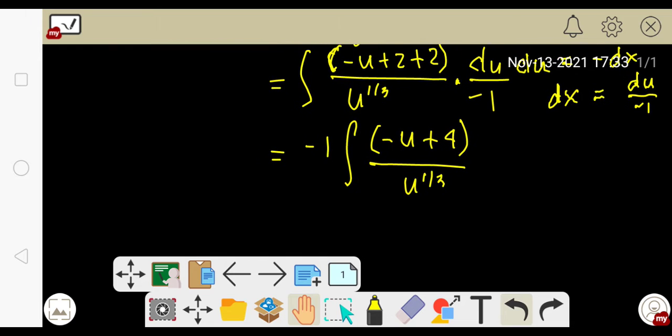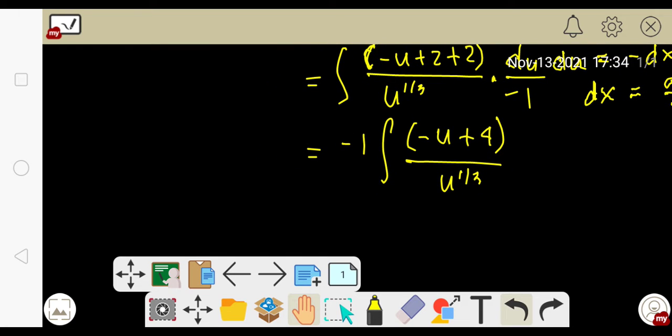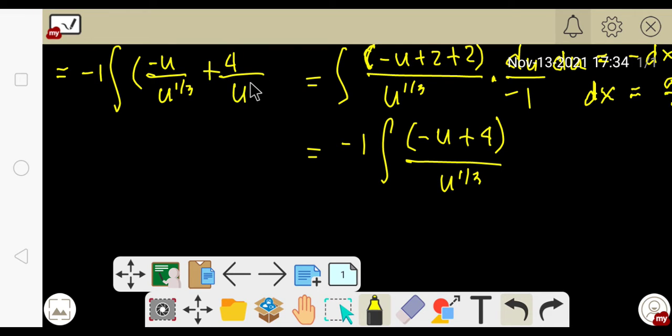Next, I'm going to rewrite this as negative 1 integration of, since they have the same denominator, it is just following the rules of similar fractions, negative u over u raised to 1/3 plus 4 over u raised to 1/3.